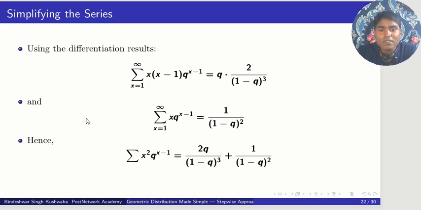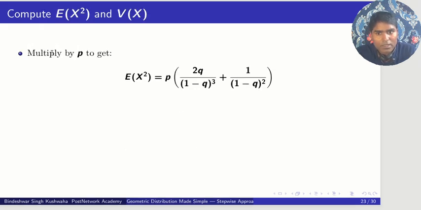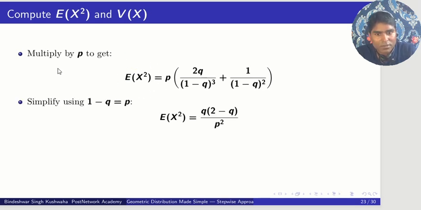So again, the summation of x square q raised x minus 1 would be equal to 2 q upon 1 minus q, and this one 1 upon 1 minus q square. Thereafter if you multiply by p, that will be the expected value of x square. If you simplify and put 1 minus q equal to p, we will get the expected value of x square equal to q times 2 minus q upon p square.